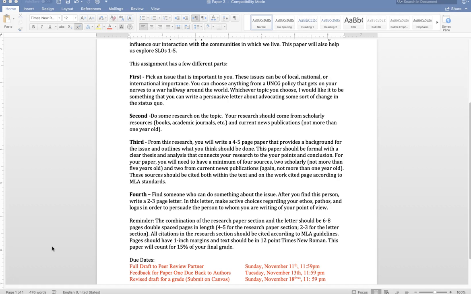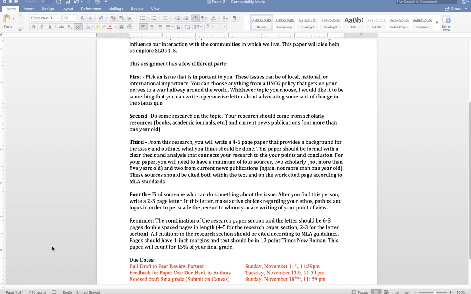These pages should be double spaced. So 4 to 5 double spaced pages for the research section, 2 to 3 double spaced for the letter section. All citations in the research section should be cited according to MLA guidelines.